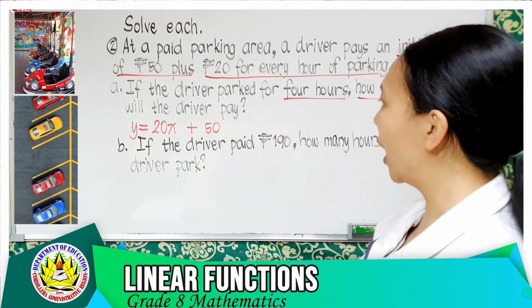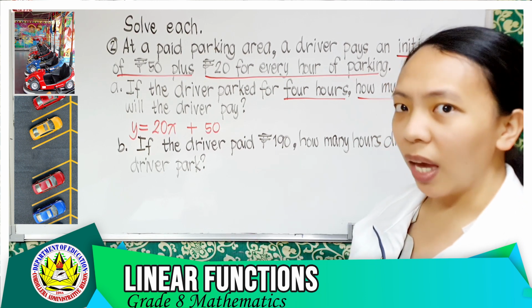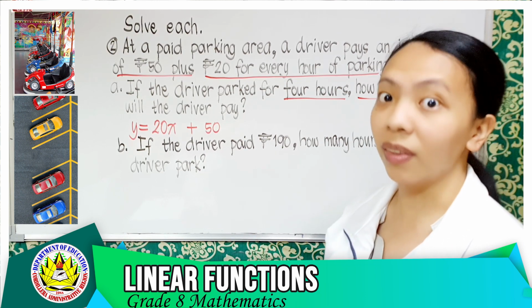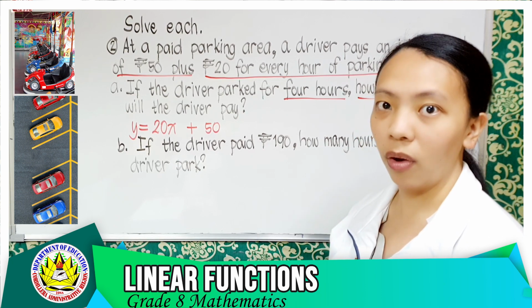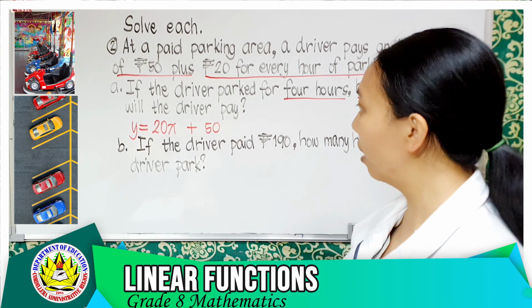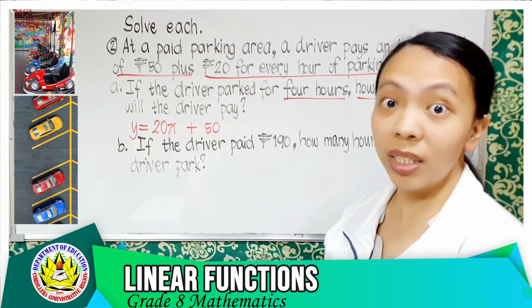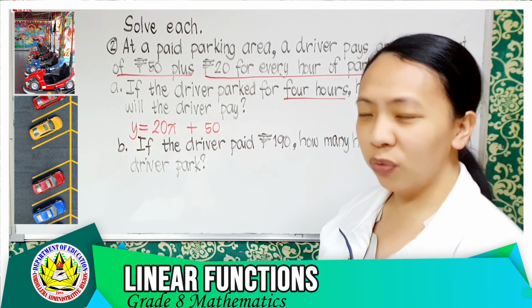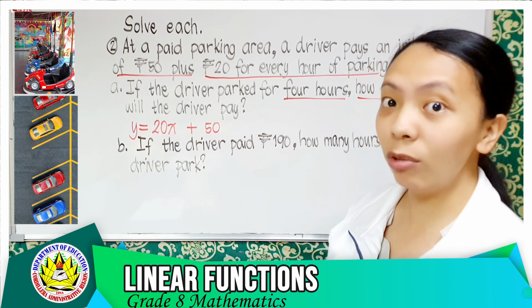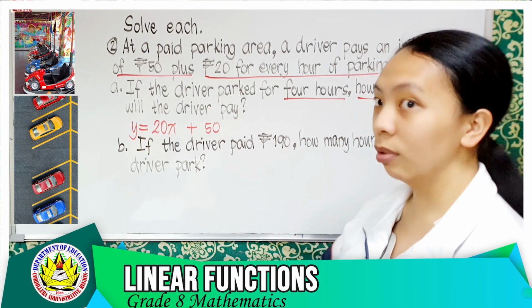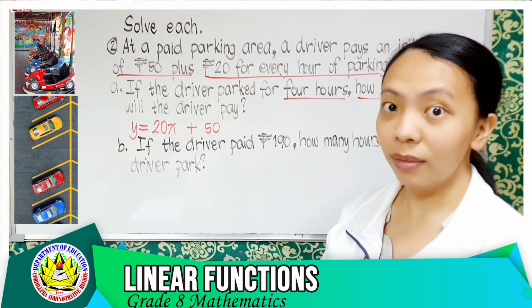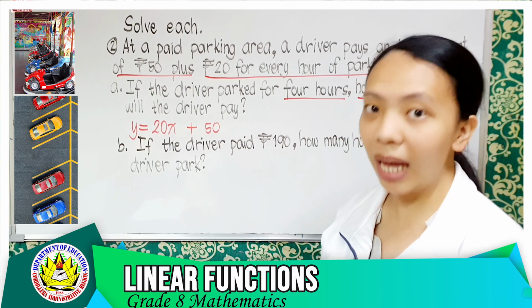But this time, we are not given the number of hours the driver parked. That is what we are looking for. We are given the total amount the driver paid. So, which variable are we going to change to 190? Is it the variable y or the variable x?